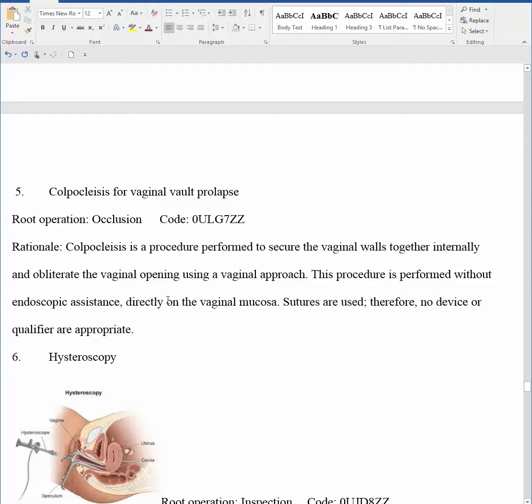So things are not in the right location. Things are moving out of her body through her vagina, and they don't want that. Sutures are used, but sutures are not identified as a device. If you remember back in chapter 1, our root operation is occlusion. Our final code is 0ULG7ZZ.